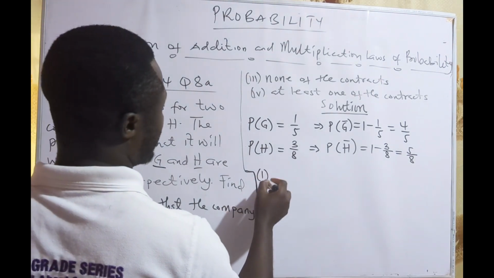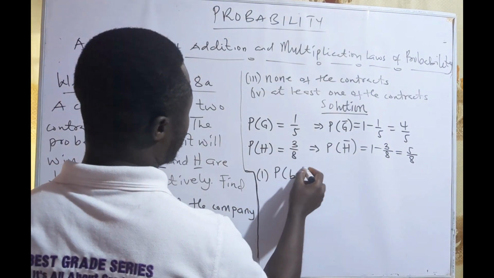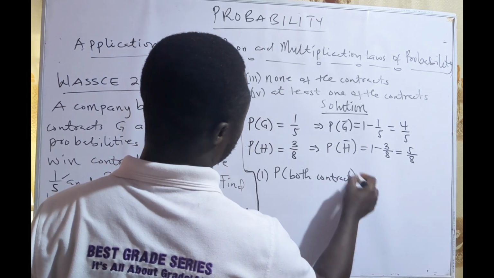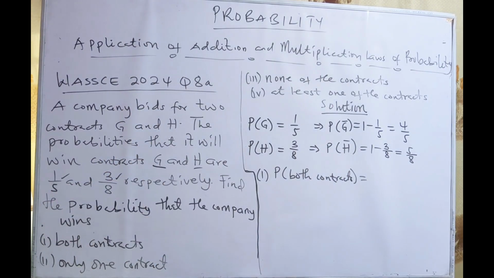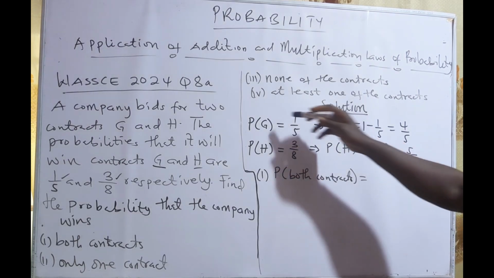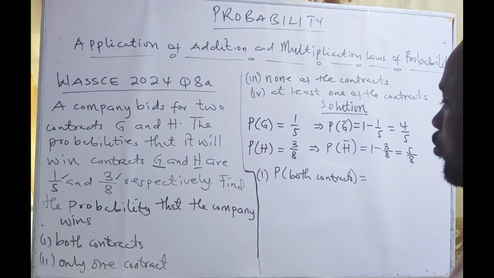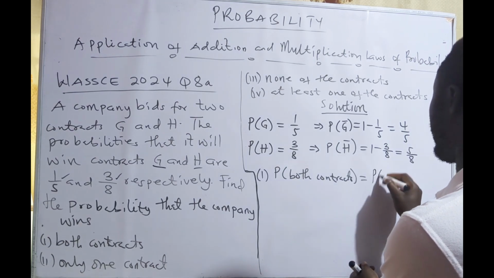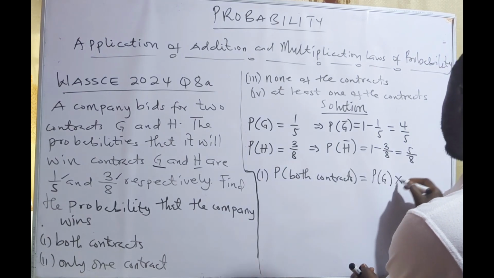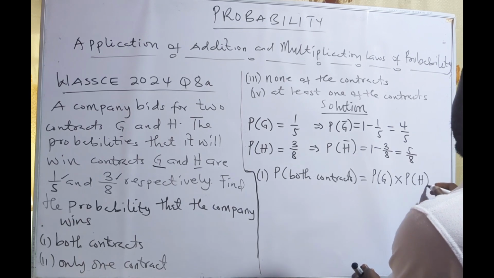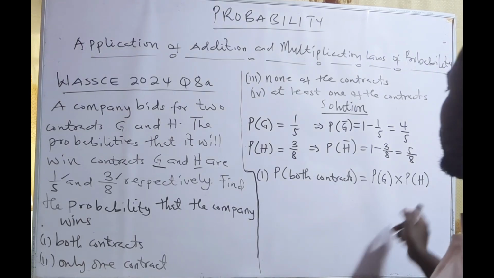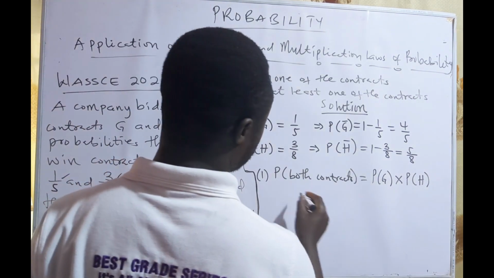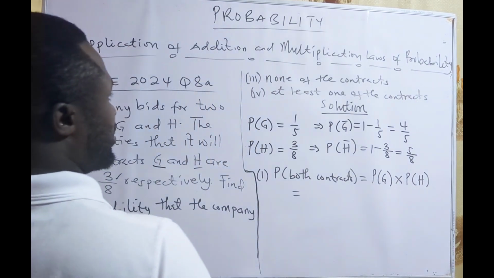First one, it says we should find the probability of the company winning both contracts. If the company will win both contracts, it means that the company will win contract J and win contract H. So win J and win H, you multiply. So the probability of winning J and the probability of winning H. That means the company wins the two contracts. That is why we are saying we are multiplying. What's the probability of winning J?